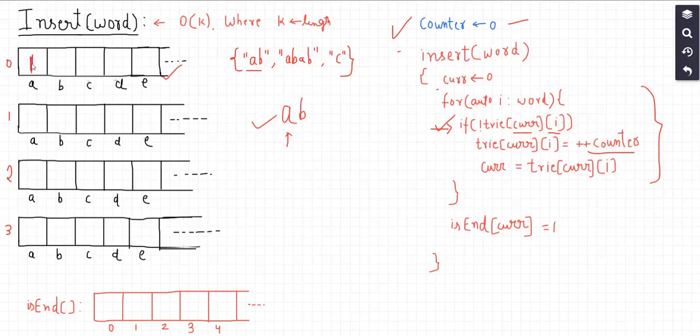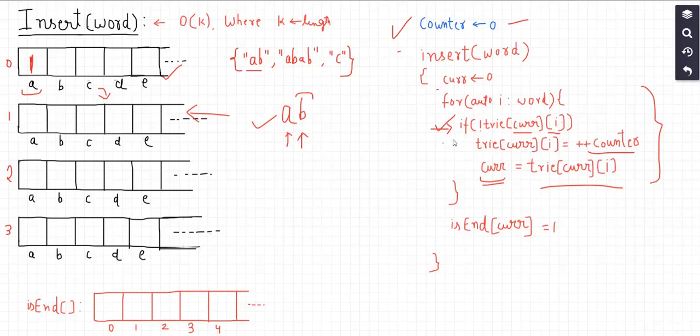Why am I incrementing? Just to jump to the next node. It simply says that yes, A is present here, move to the next node of the trie to check for your next character. Now current is pointing to 1. Here I am standing at character B, and I check if B is present or not.